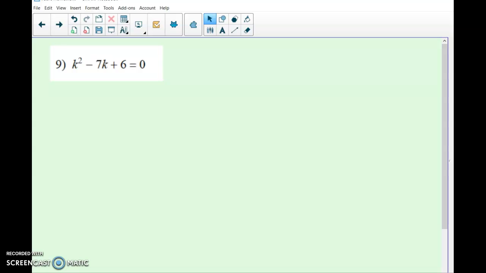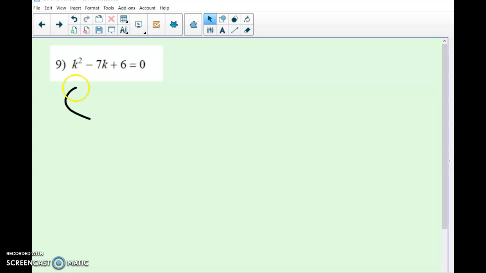Let's take a look at this one. I look at this and I say, again, I don't have a numerical coefficient with the quadratic term. Makes it kind of easier.